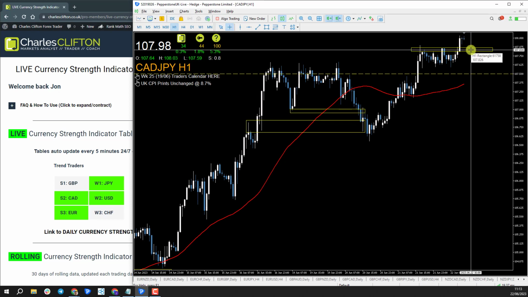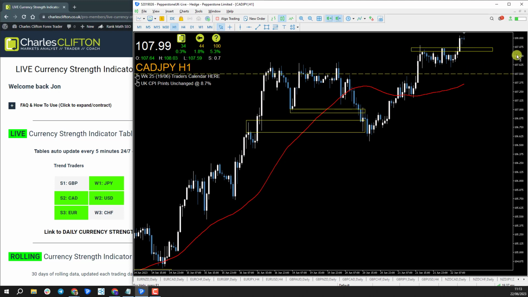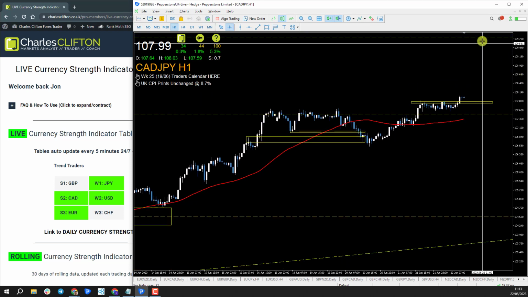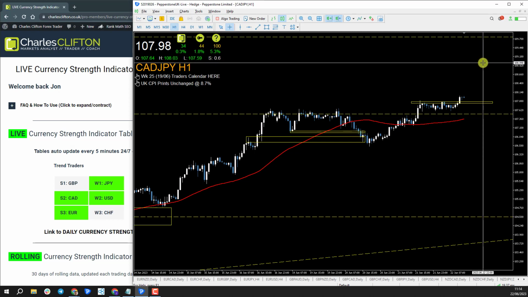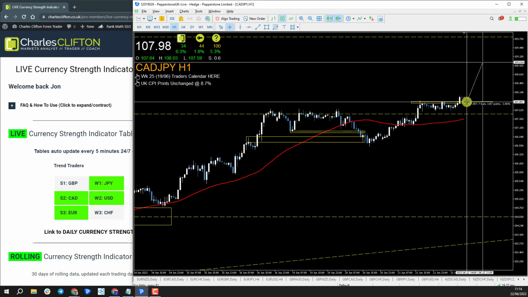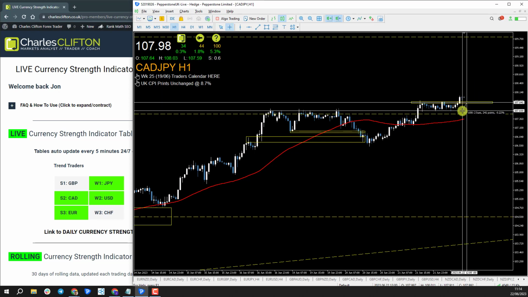If price comes back and gives us an entry around about the 107.85s, stop loss below the low, the next level of resistance is up at the 109.75. So even if we targeted, let's say, a really conservative target at 109, for instance, that's 115 pips with only a 30 pip stop loss.